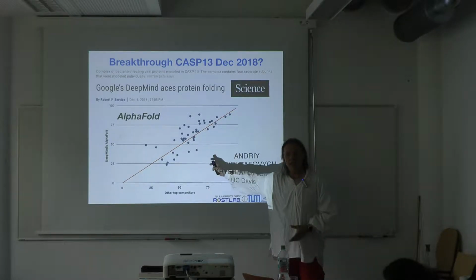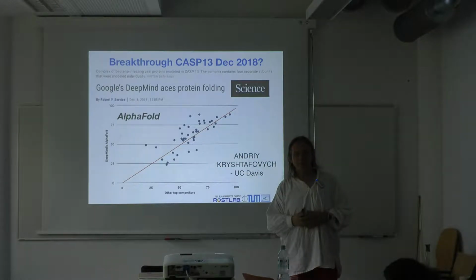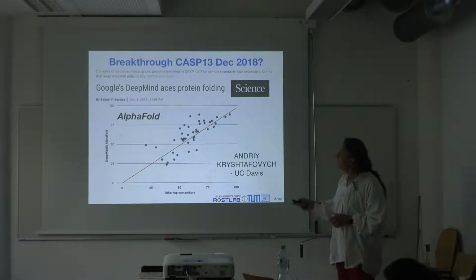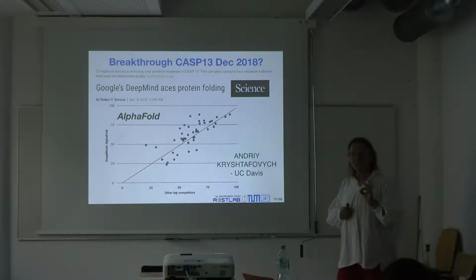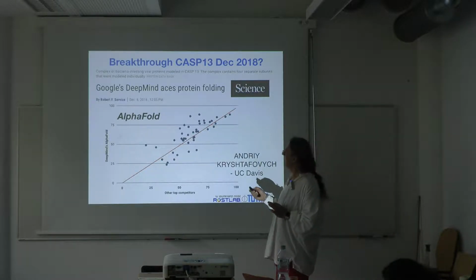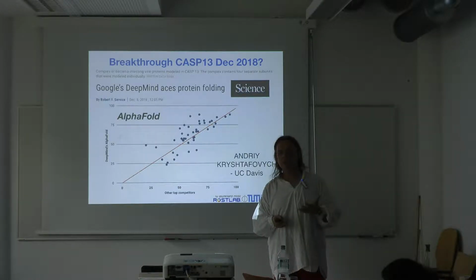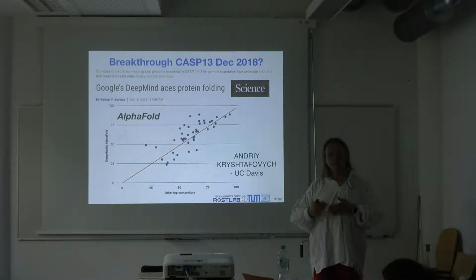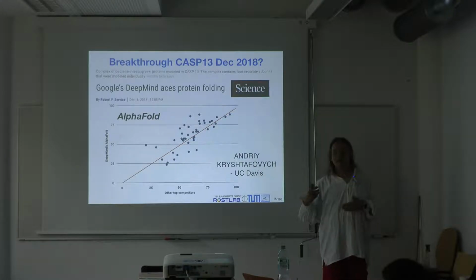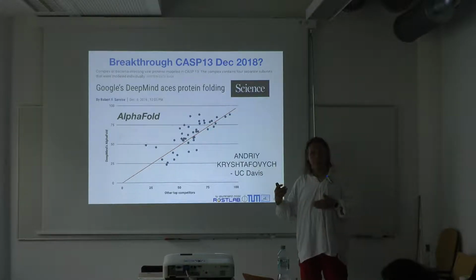Okay? You get a fairly countable number of points here. Each gray point is one protein. If the gray point is above the red line, AlphaFold was the best prediction on that target. If the gray point is below the red line, there was another method that was better.